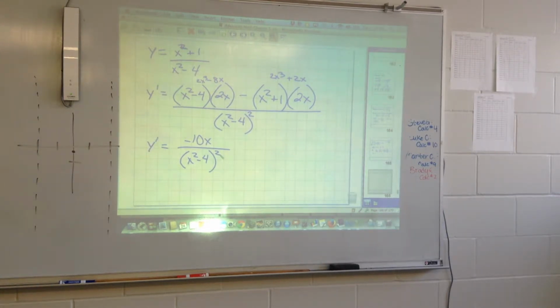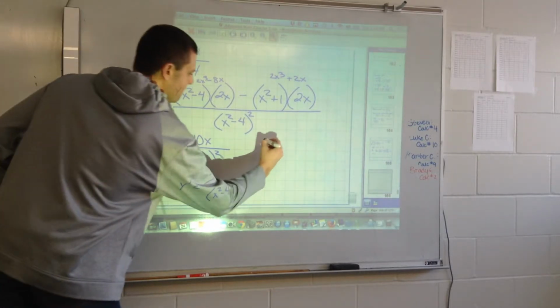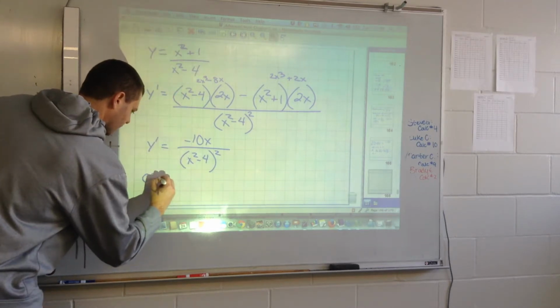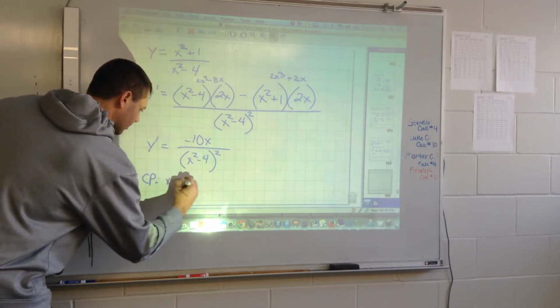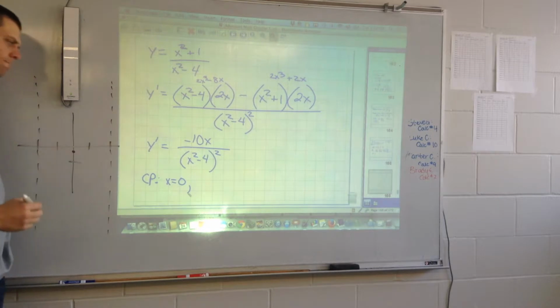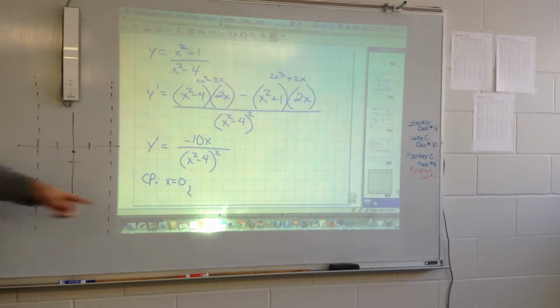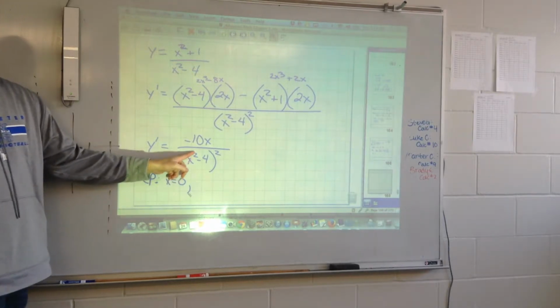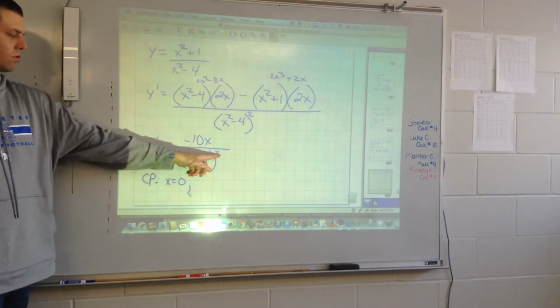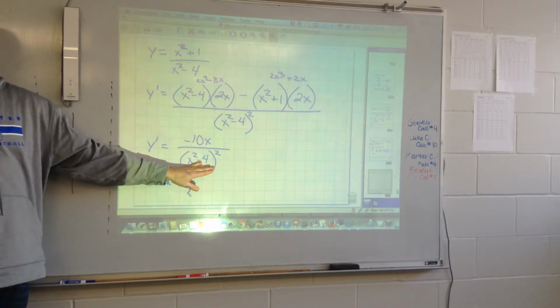If x was 0. So, critical point, x equals 0. How about, when is it undefined? 2 and -2. If I plug in a 2 here, 2 squared is 4, 4 minus 4 is 0, 0 squared is 0, can't have 0 in the denominator.